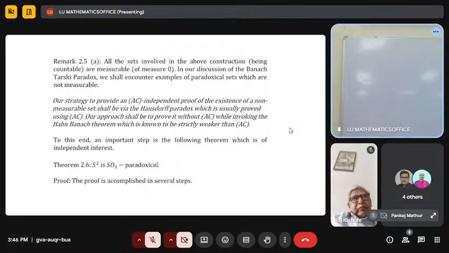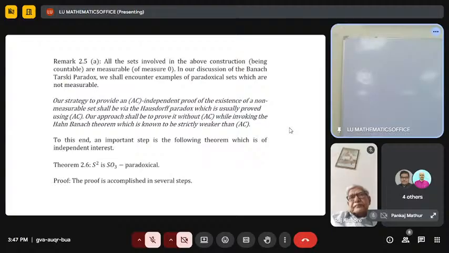And yet another startling consequence of the axiom of choice is the Banach-Tarski paradox, as you all know. So you have a ball, a cricket ball, or an apple. You can break it into finitely many parts, 5 to be precise, and then you can reassemble them, kind of juggle around them, and get 2 balls the same size.